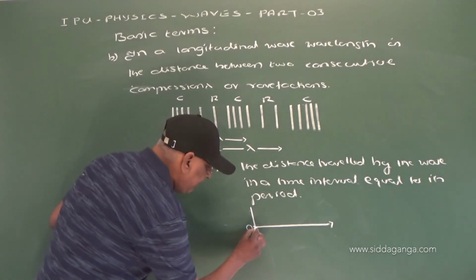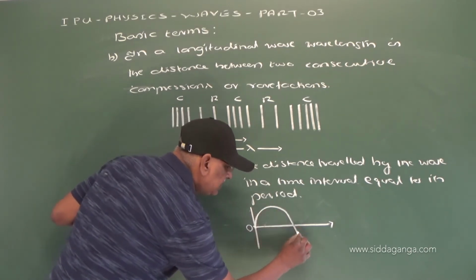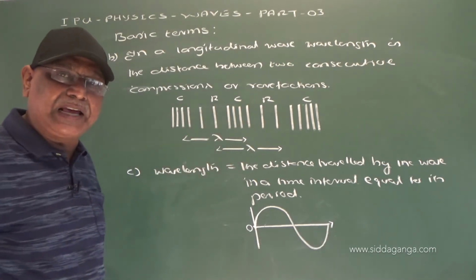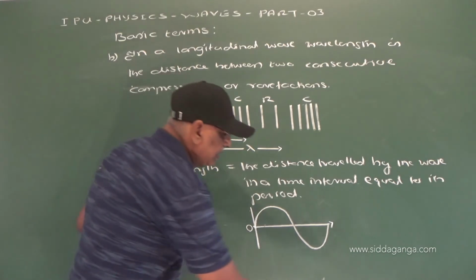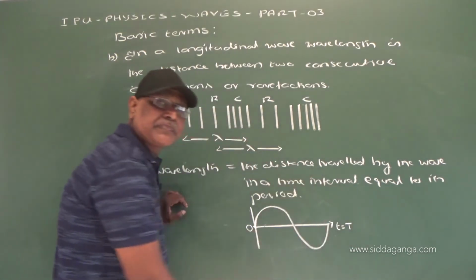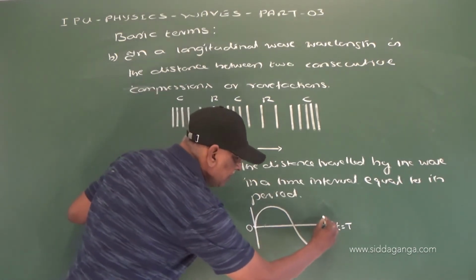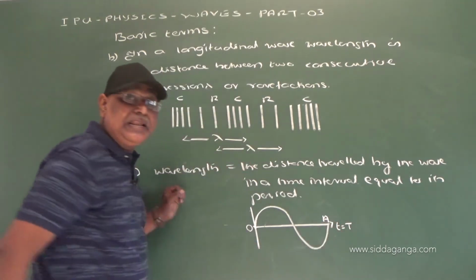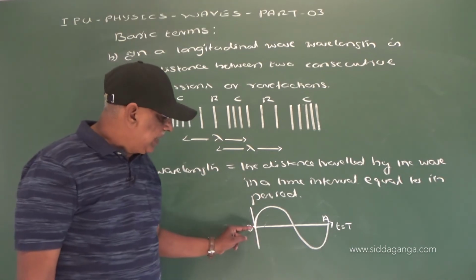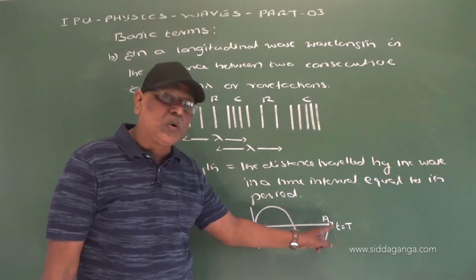When the first particle completes one vibration, the time taken is T. The disturbance has moved from O to the position A.